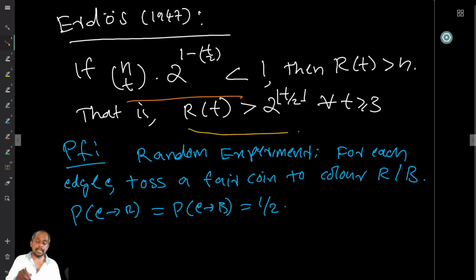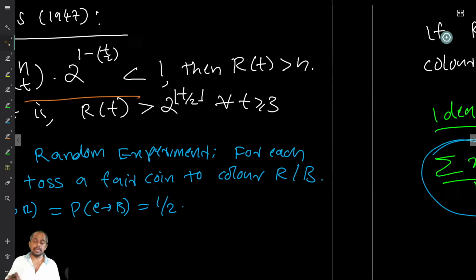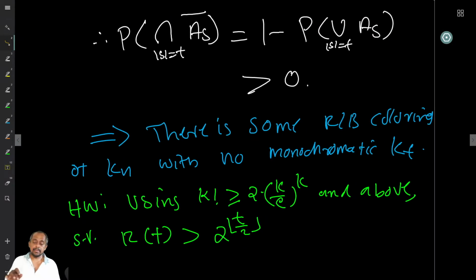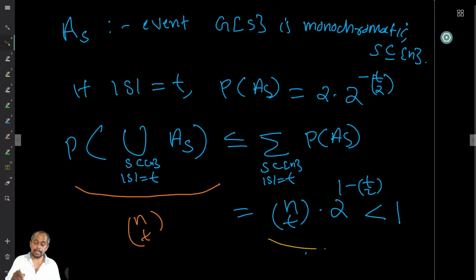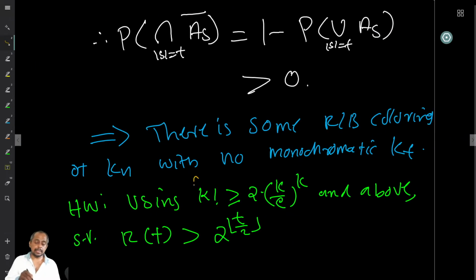Which means that R of t is greater than 2 raised to t over 2. Why is that? Well, that is something that you can derive from the fact that n choose t into 2 raised to 1 minus t choose 2 is less than 1, using this approximation for factorial, like k factorial is greater than or equal to 2 into k by e whole raised to k. So this is something that is given to you.